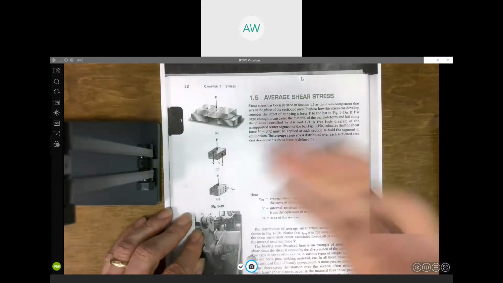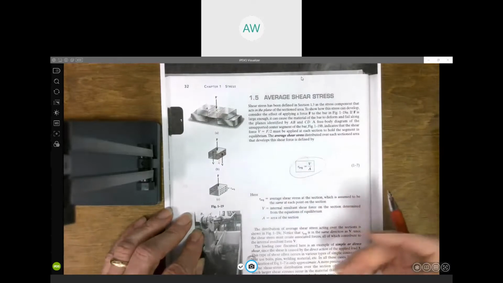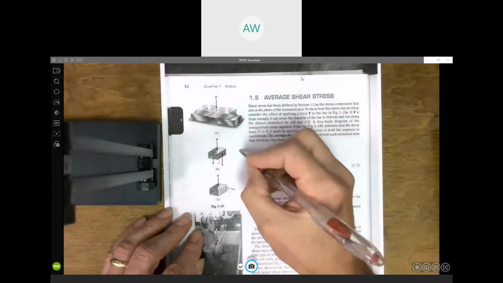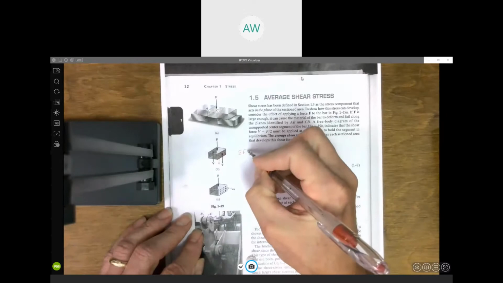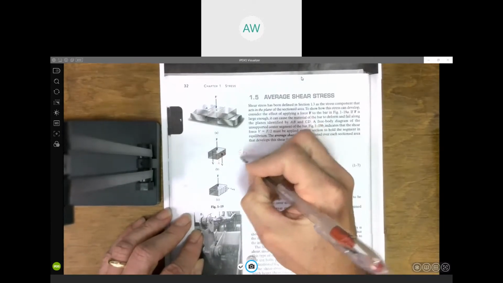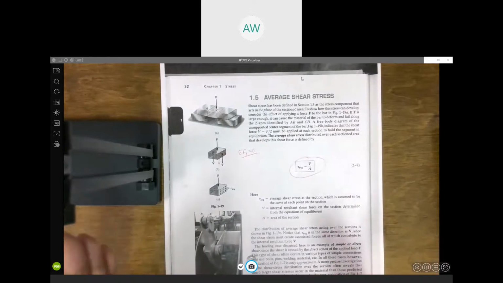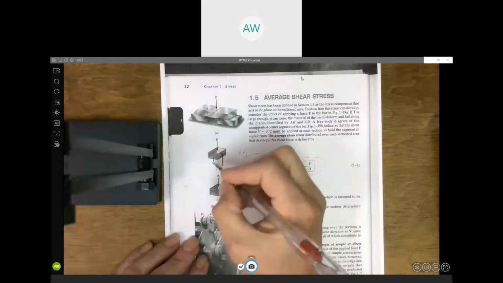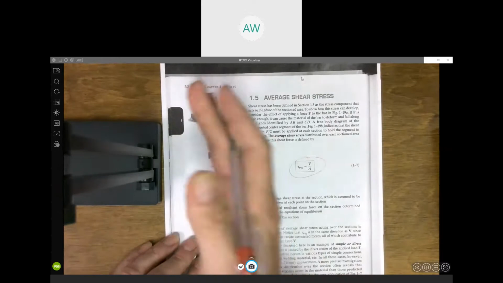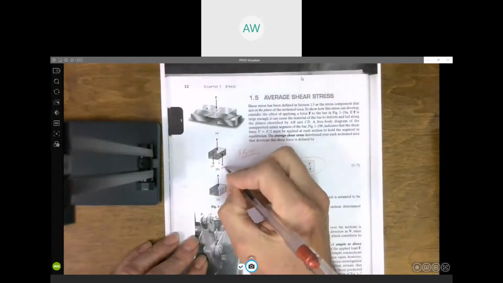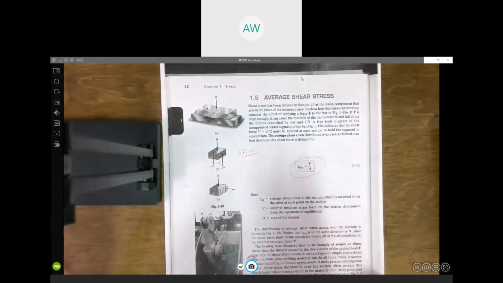Now, taking this one step further, just looking at this picture, the forces have to add up to 0. If we have F pushing down, we're going to have a shear force V on that hidden surface. You're going to have this shear force V acting on that surface area that you can see.